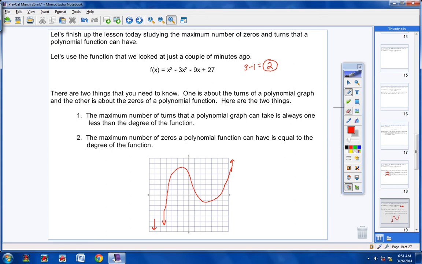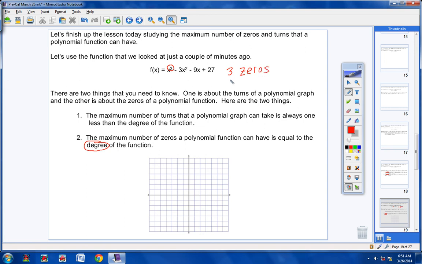Also, if I ask you to tell me the maximum number of zeros a polynomial function can have, it's always equal to the degree. Always. So at most, you'll have 3 zeros for this function. Now, listen, guys, I'm not saying you will have 3.